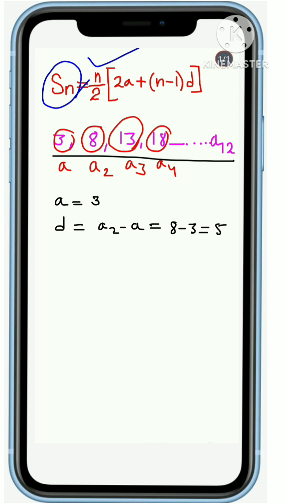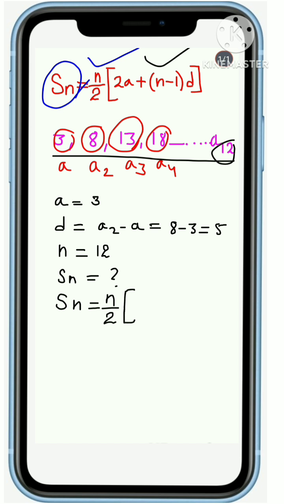Similarly, N, that is the number of terms, is 12. Now we have to find Sn. It means the sum of this AP by using this formula. Sn equal to n by 2, 2a plus n minus 1 d.